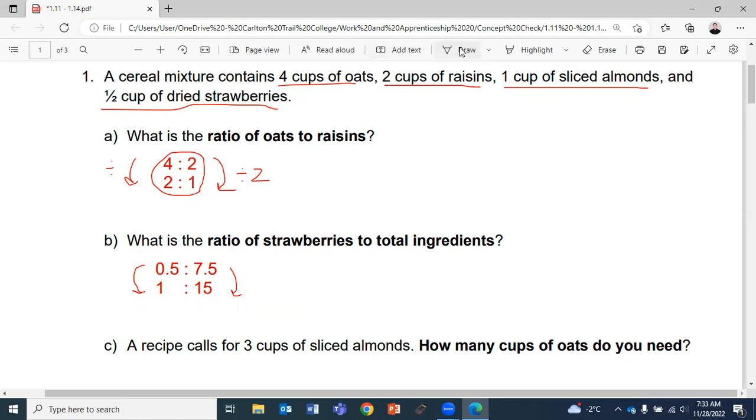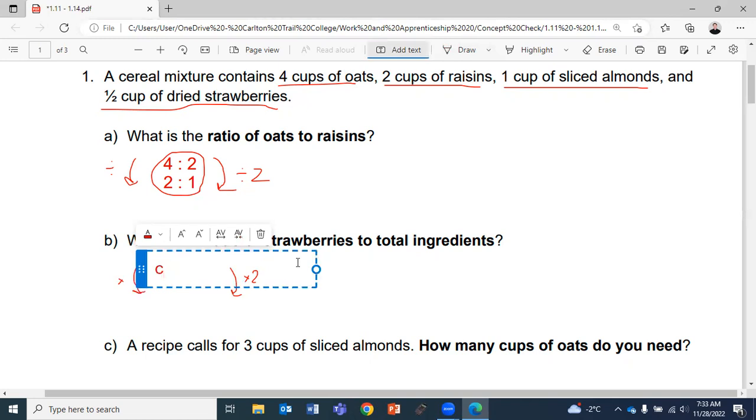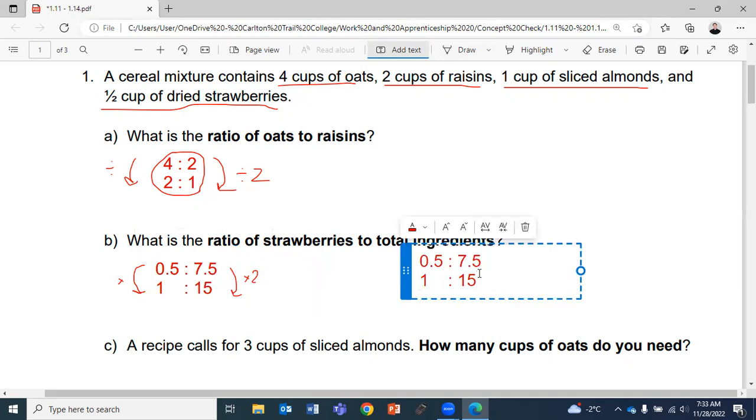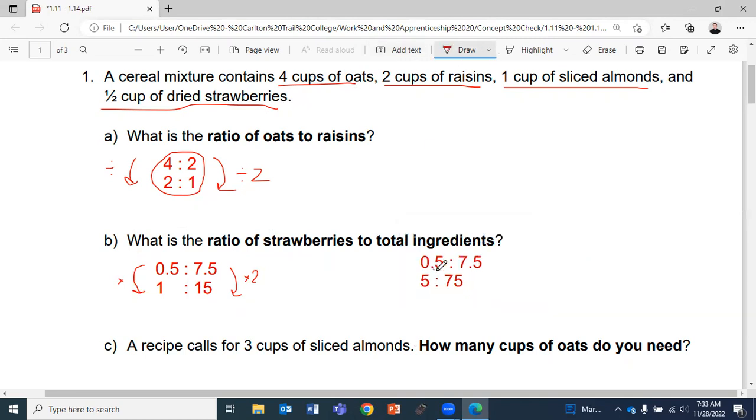Now you could multiply them by something else. Just make sure you simplify it back down later. For example, you could see that there's a decimal place in here, so what you could also do is multiply the whole thing by 10, because that's going to get rid of that decimal place, right?